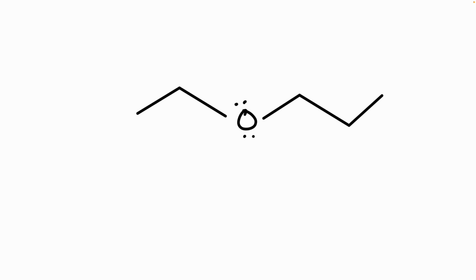Okay, so I'm going to look here and I'm going to chop this molecule in half. All right, it's got these two carbon chains on either side, and we're going to name those carbon chains just based on how many carbons there are. So in this case, on the left-hand side, there are two carbons, so that would be an ethyl group. And on the right-hand side, what do we got?